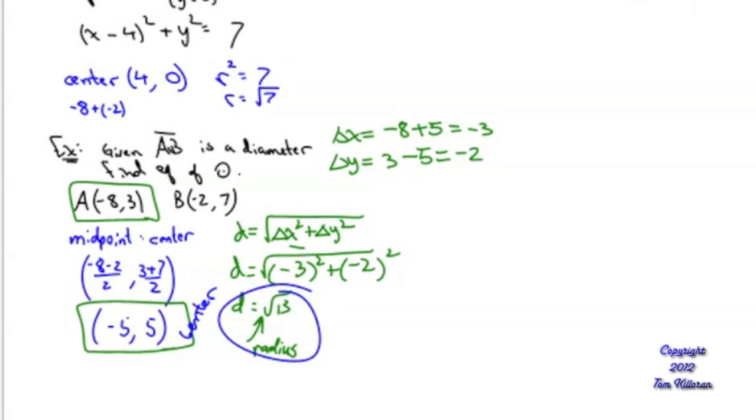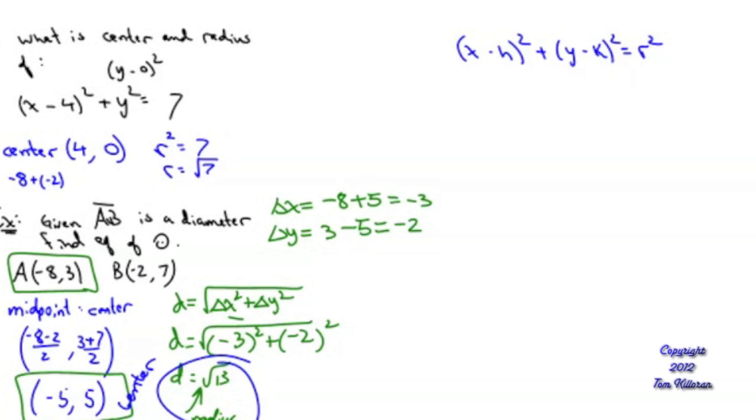The center. So this is h comma k. So this becomes x minus a negative 5, squared, plus y minus 5, squared, equals the square root of 13, squared.